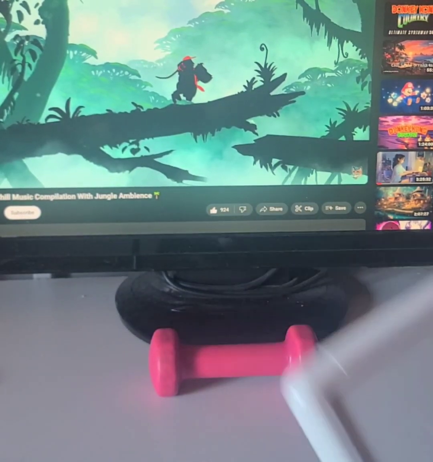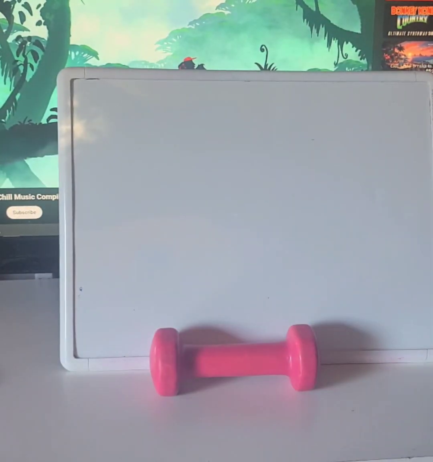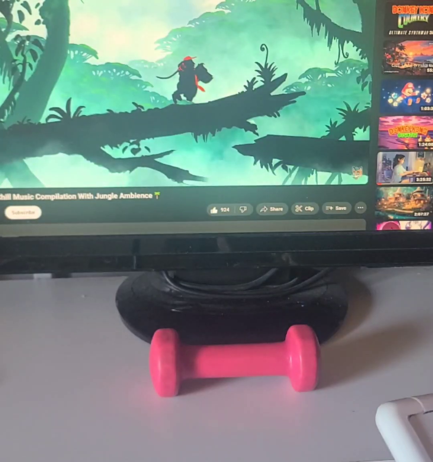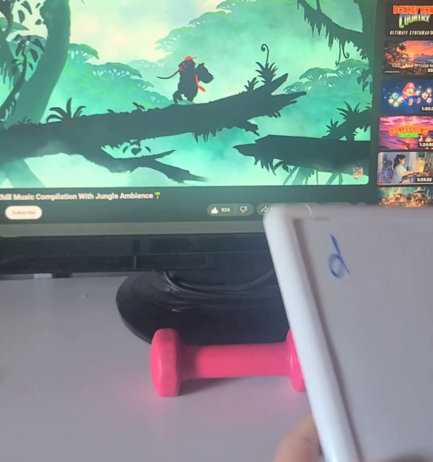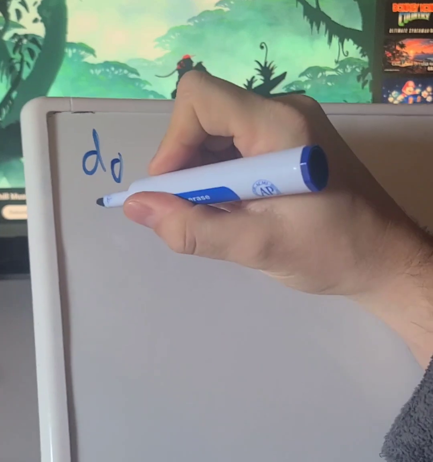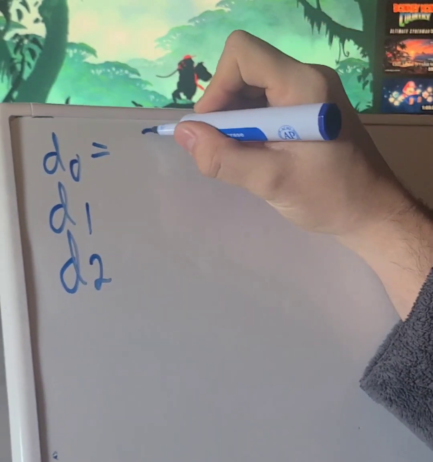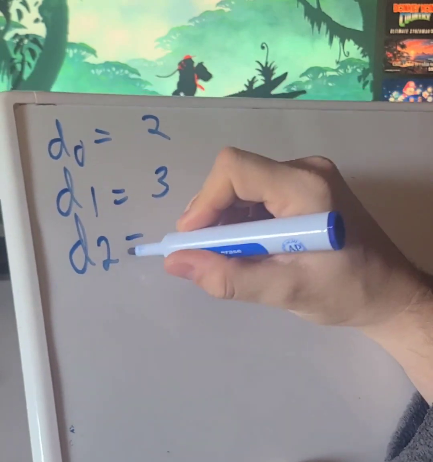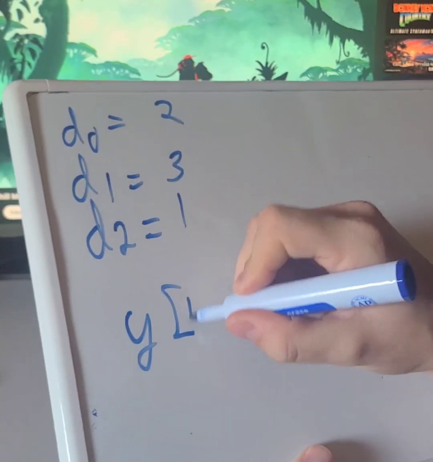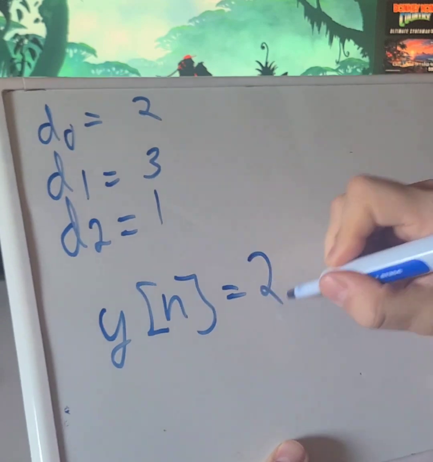So I'm not sure. Basically, your answer is either going to look like D0, D1, D2 equals 2, 3, 1, or you might want to rewrite the problem, and it's going to look like this.